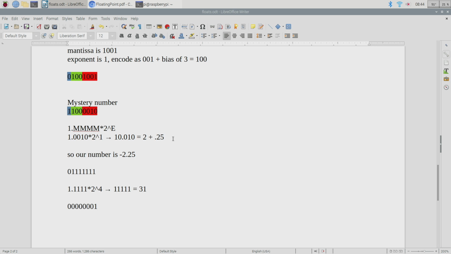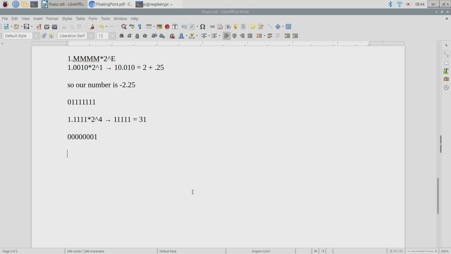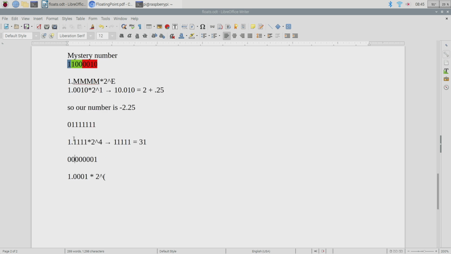Okay, so now let's decode it and see what this thing represents. 1 point mantissa times 2 to the exponent. Well, let me highlight the exponent bits. What was our color?